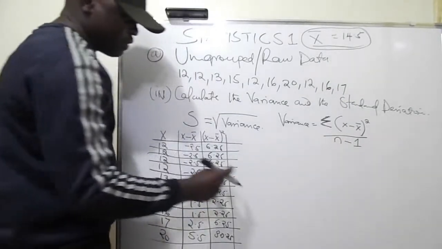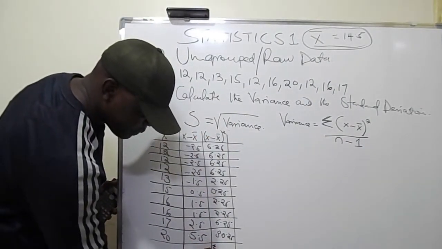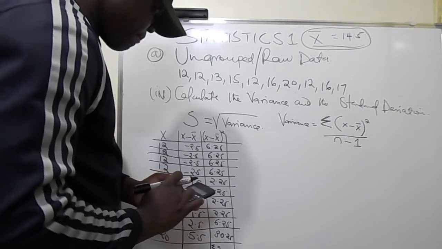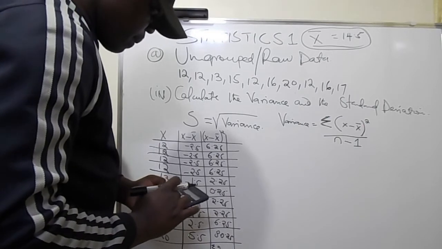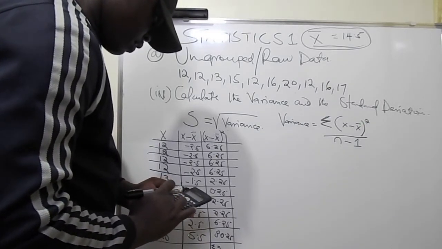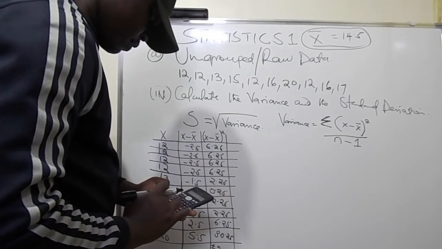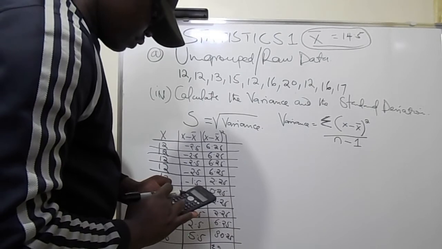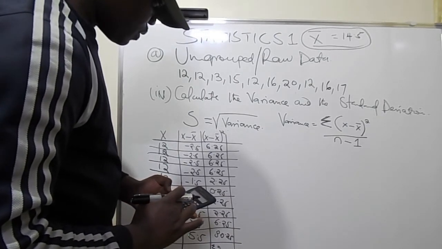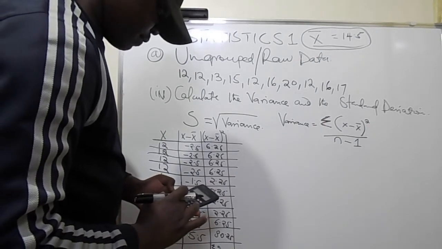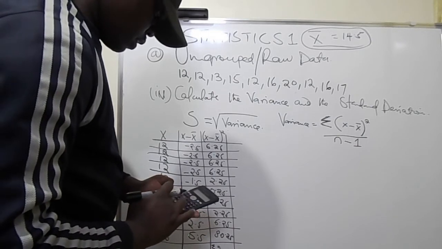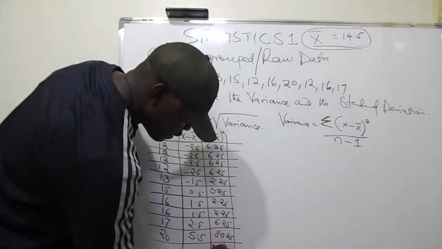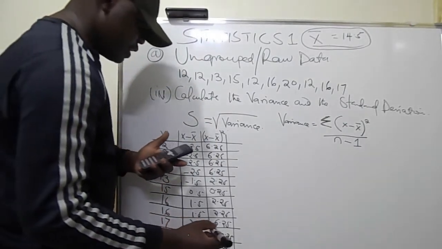So the summation here is going to be 30.25 plus 6.25 plus 2.25, 2.25 plus 2.25 plus 0.25 plus 2.25 plus 6.25, which is going to be 33.83.